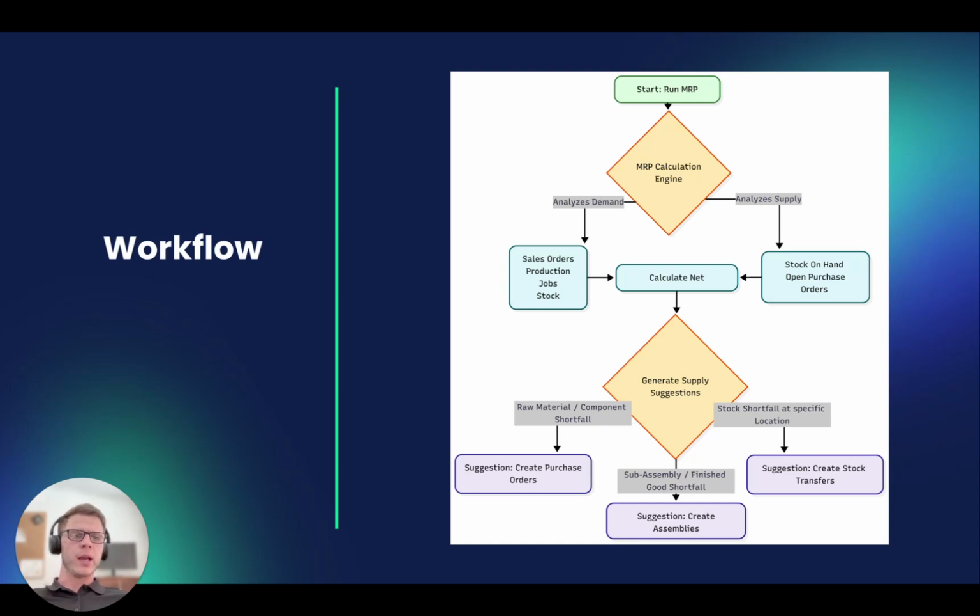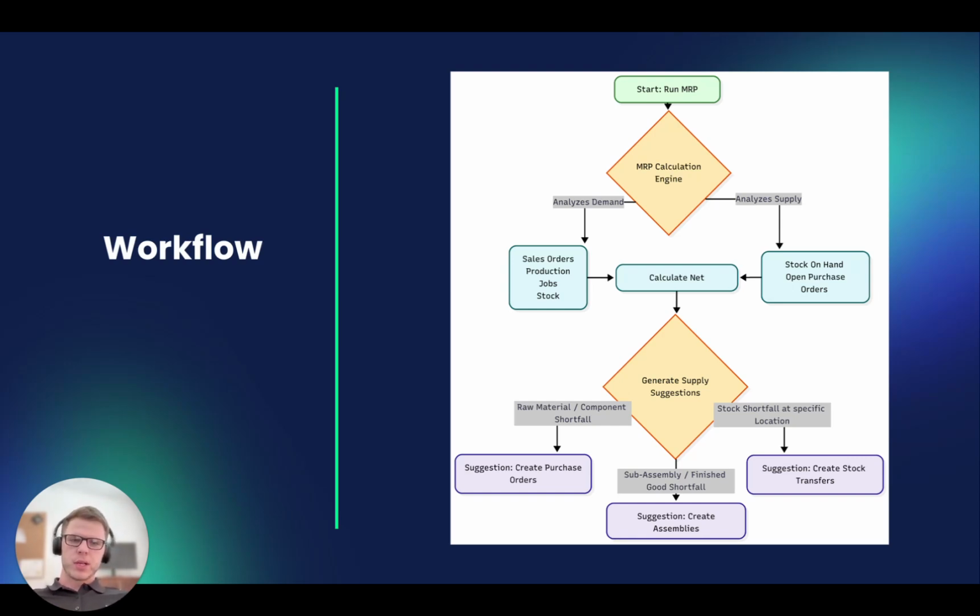Or it's going to say, okay, we have inventory at another warehouse, so it's going to create a stock transfer from that warehouse into the warehouse where the demand is sitting. And that's just generally how the workflow goes.